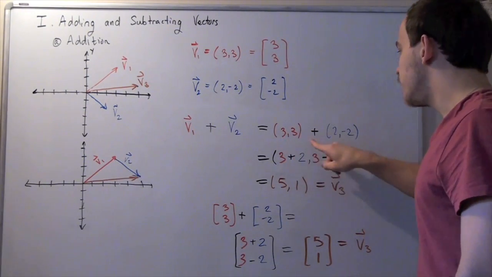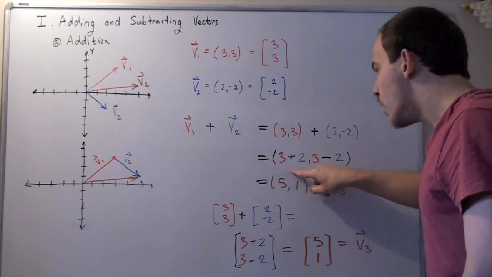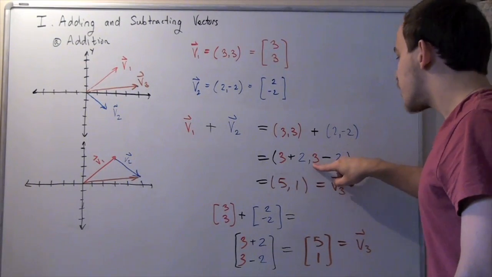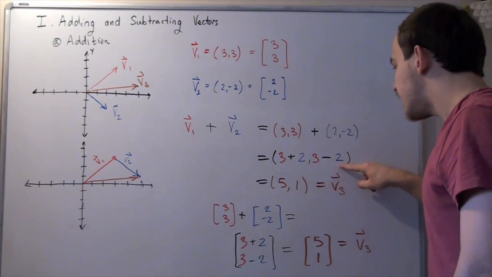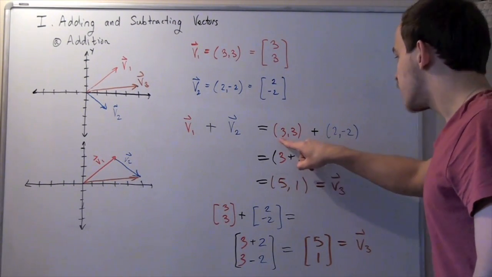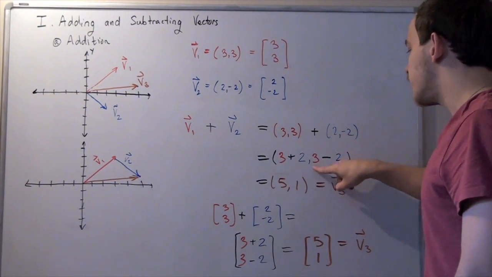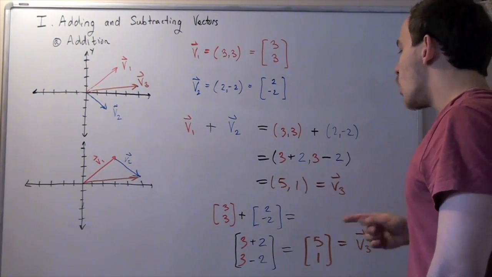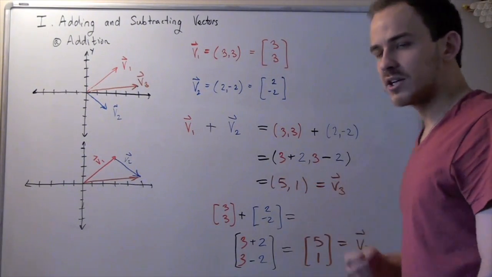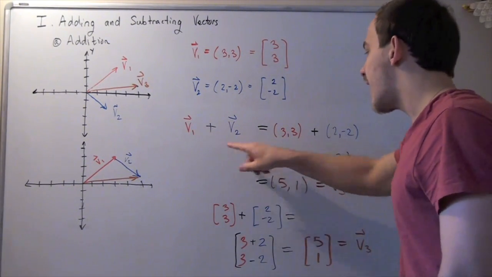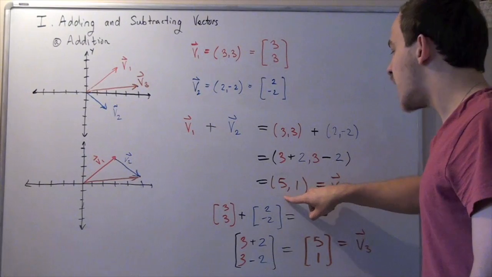So 3 plus 2 is my new x-coordinate, and 3 plus -2, which is simply 3 minus 2, is my new y-coordinate. The new vector I get by adding these up is (5, 1).